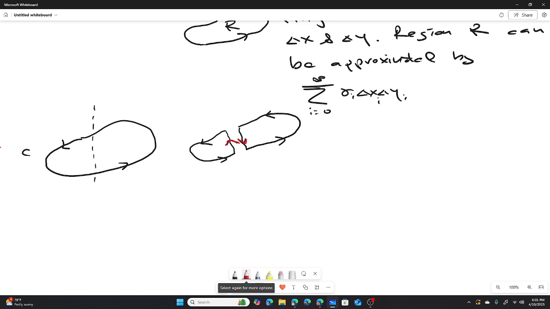And because of that, they cancel out. And so you have a single curve. Originally you have a curve C, and you cut it, and then you have two curves.